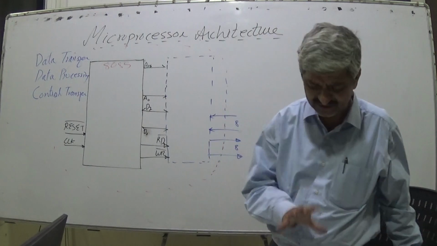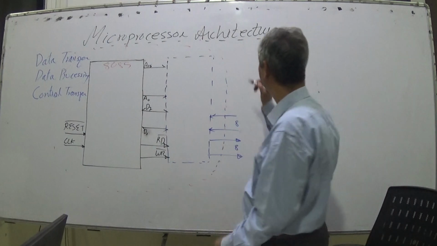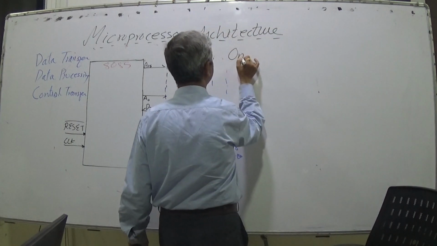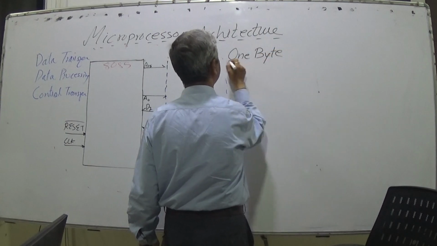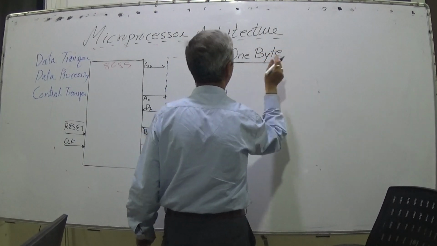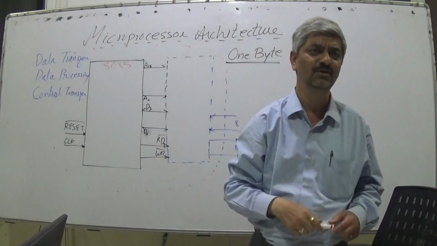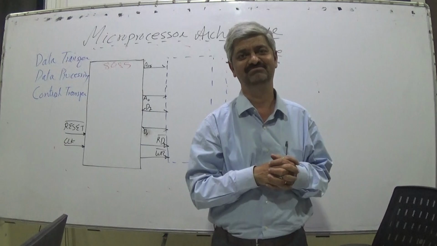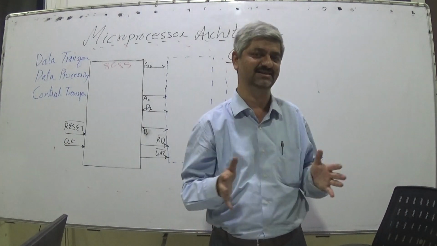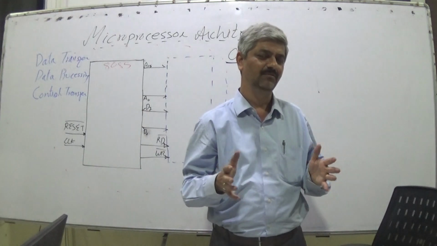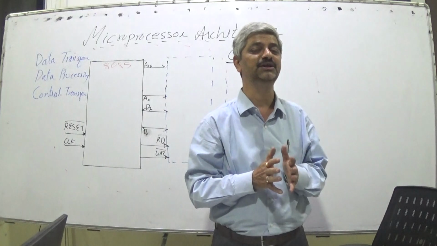Since the data bus width is 8-bit, 1 byte is a unit of almost all things in digital logic. Why 8? There is no unique answer. 4 is too small, 32 is too big.